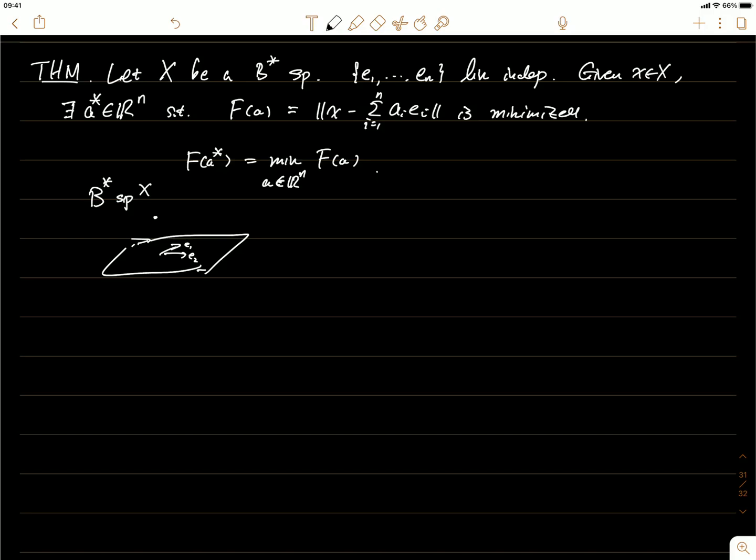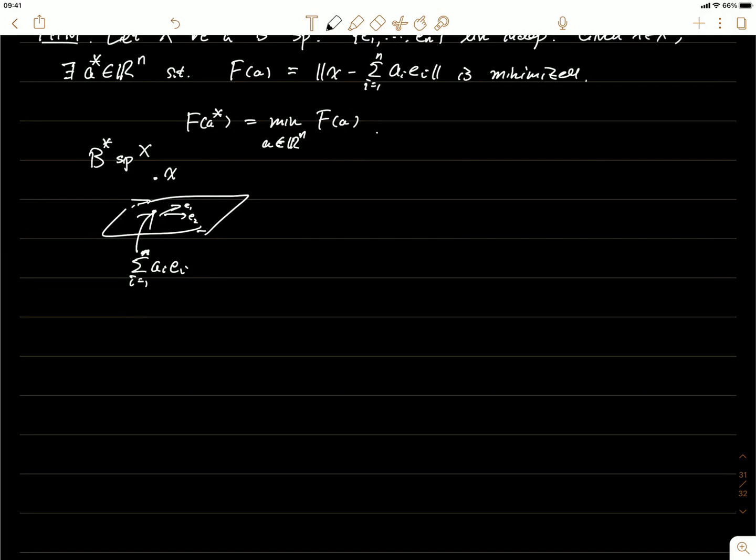Then for any X, you'll be able to find a unique point on this linear subspace, and this point is written as the sum of A_i E_i, i from 1 to n. And these E_i are the linearly independent vectors that span this linear subspace. So that's the finite dimensional case.